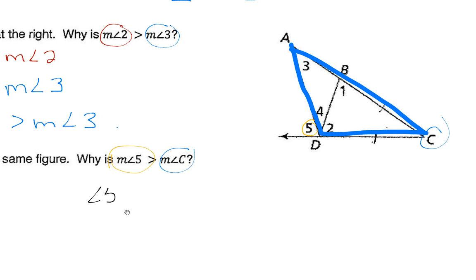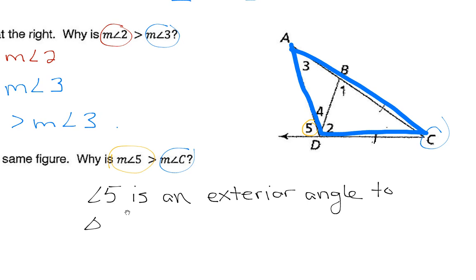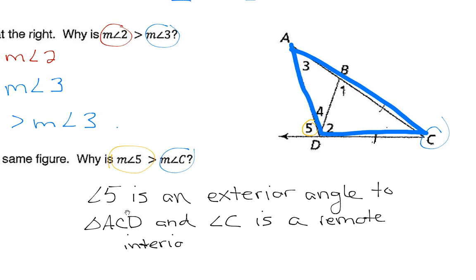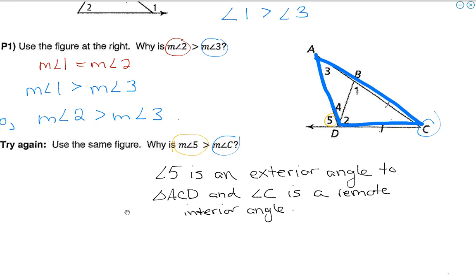So angle 5 is an exterior angle to triangle ACD, and angle C is, to be more specific, a remote interior angle. And so that satisfies the corollary above.